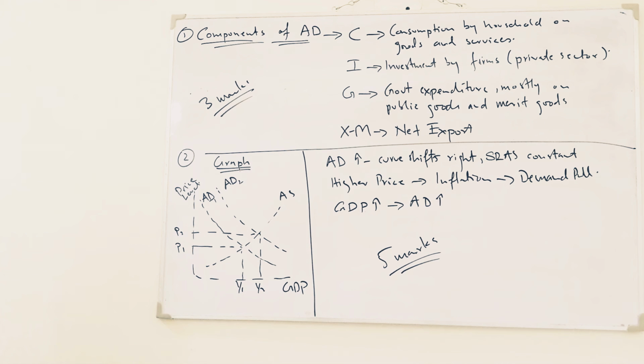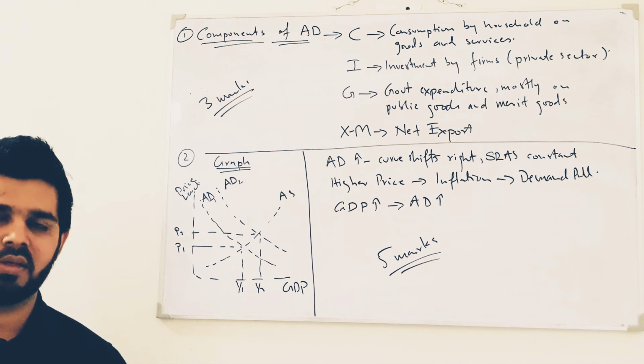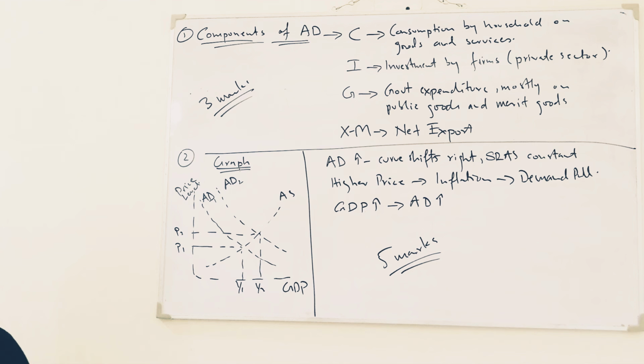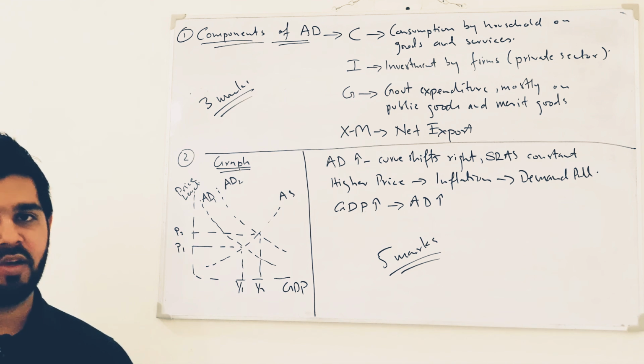Let's say investment is coming in to firms due to confidence in the recent government, or confidence in the economic conditions of a country. There will be huge investment coming into the country. Or maybe consumers, since they think the situation will be stable in the near future, will start spending more money. So any component can be increased.